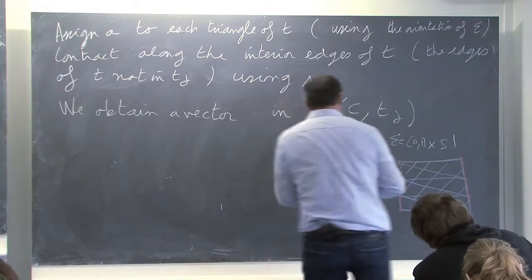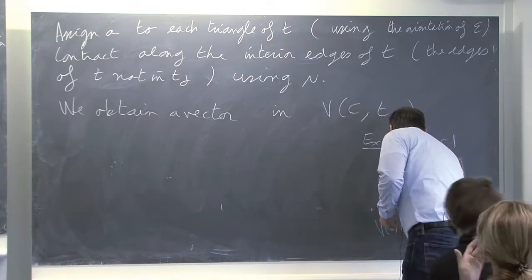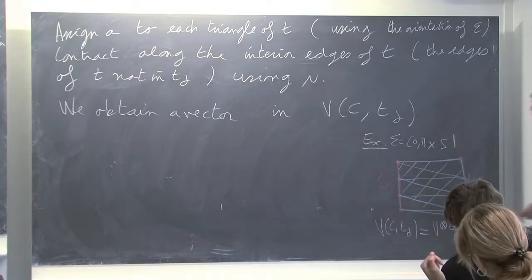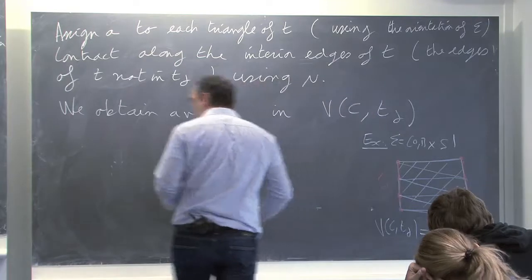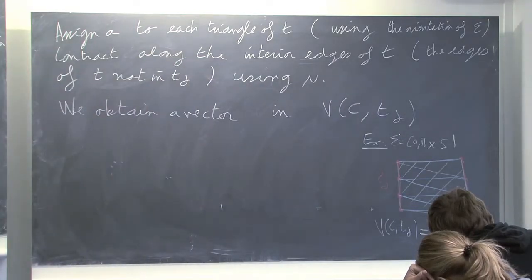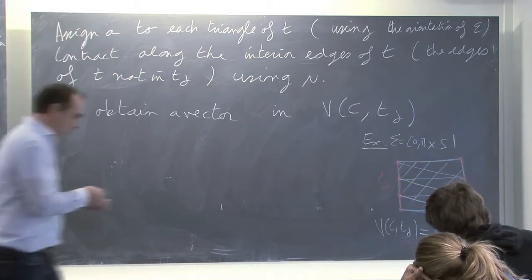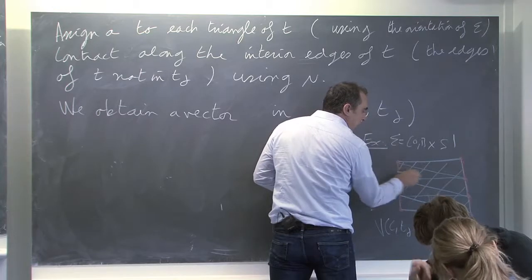So here V(C, T_delta) is V^{⊗6}, one V for each copy. And then what you do, you assign again A to each triangle.